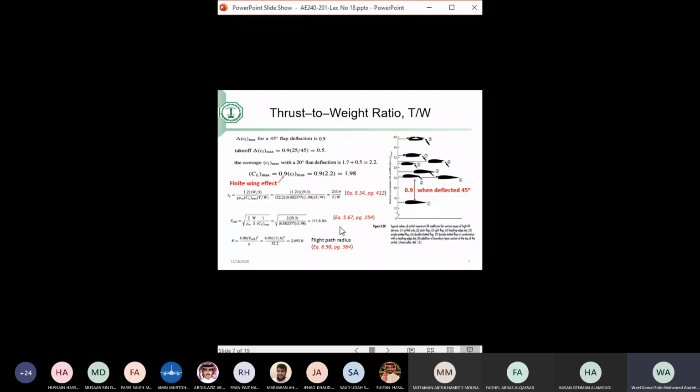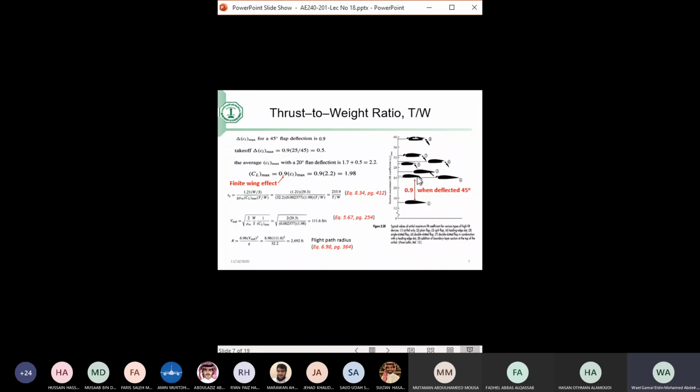So let's find the CL max, exactly as we did in the landing, but we will do this for the takeoff. The airfoil that we picked had a CL max of 1.7. The flaps that we have will give me an extra 0.9 of CL max when fully deflected. So we added that 0.9 back then when we were talking about landing.